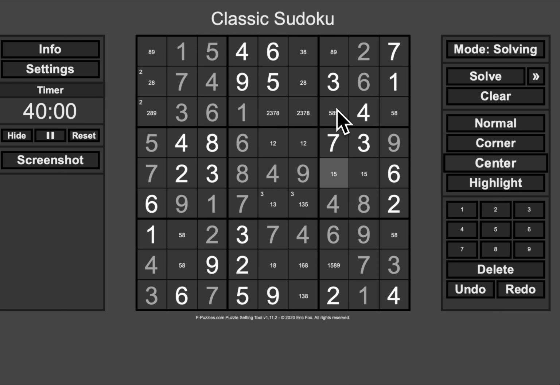Now, 1, 5, 8, and 9 in some order. Let's see, I've got a 1-2 pair that isn't resolved here.